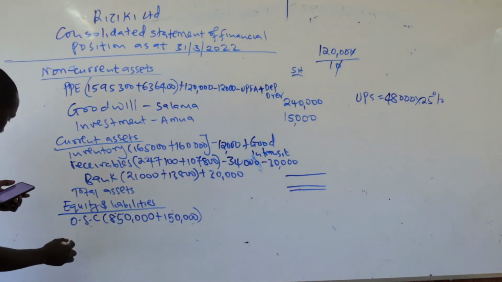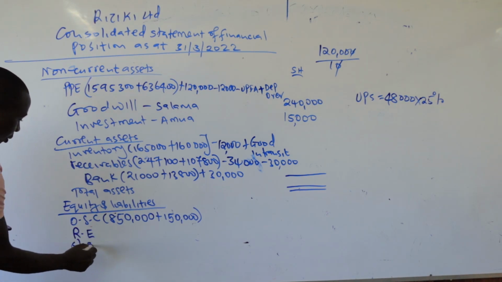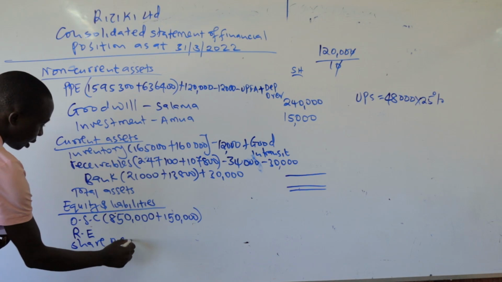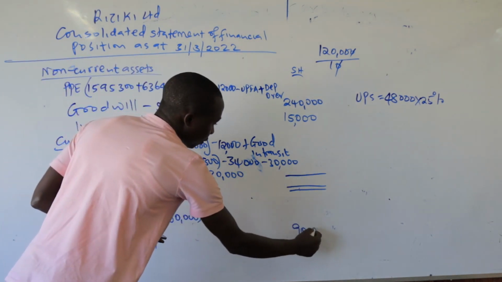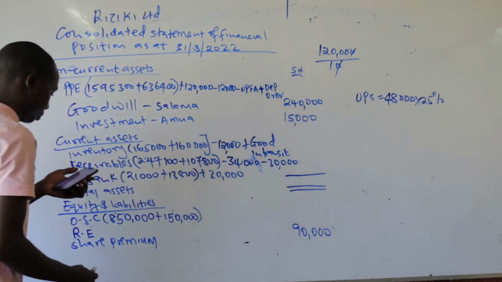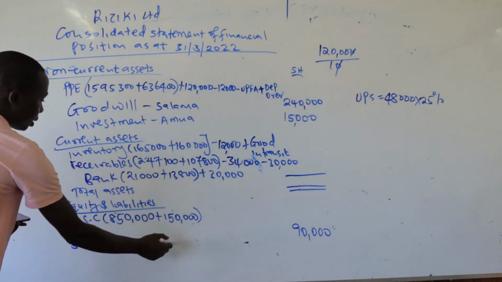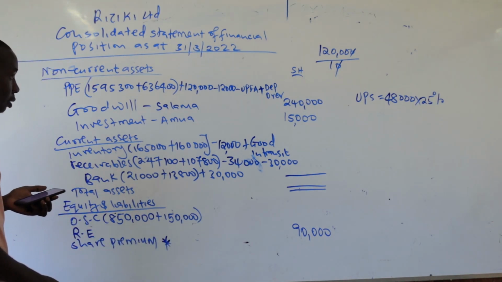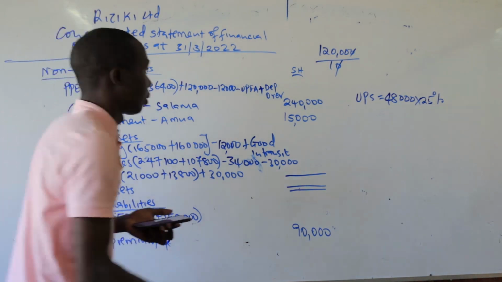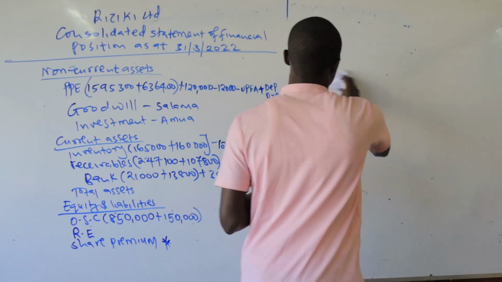Then after that, we have the retained earnings. This one needs a working. Then there was share premium of 90,000. This one again was due to share exchange, the one we did as a working when determining the purchase consideration.